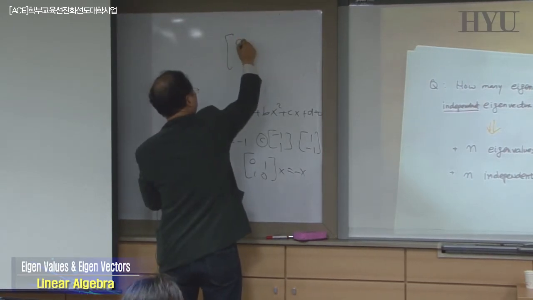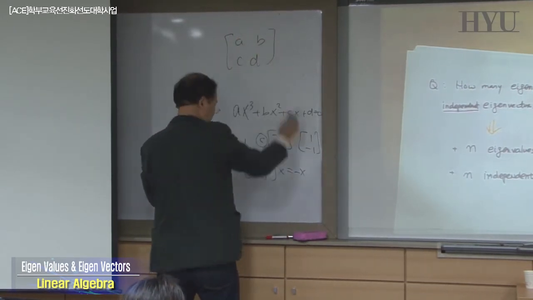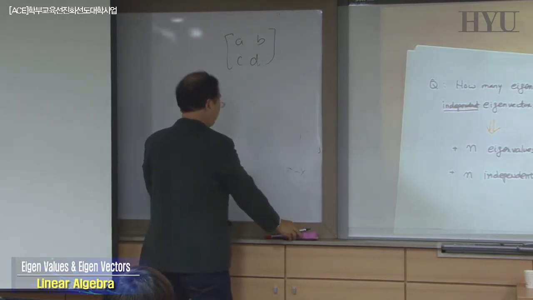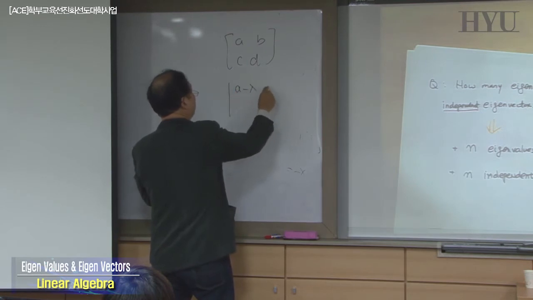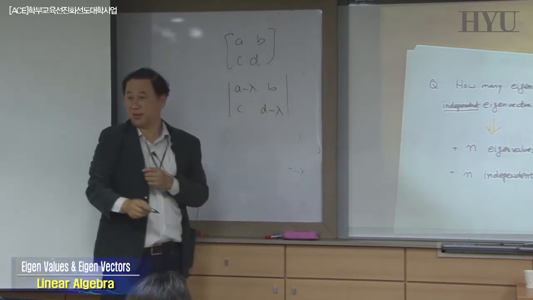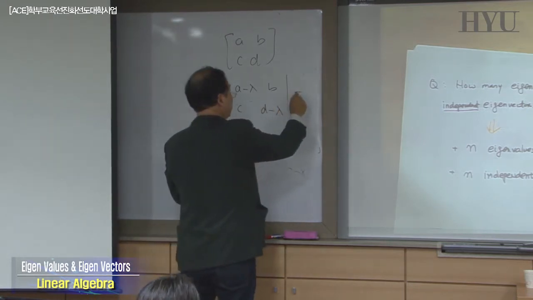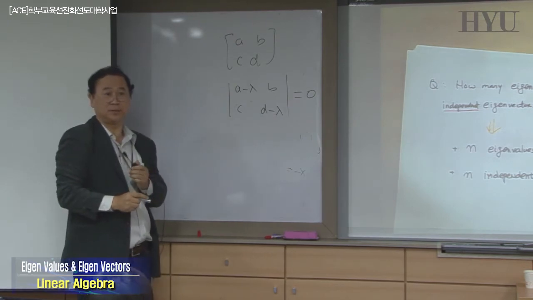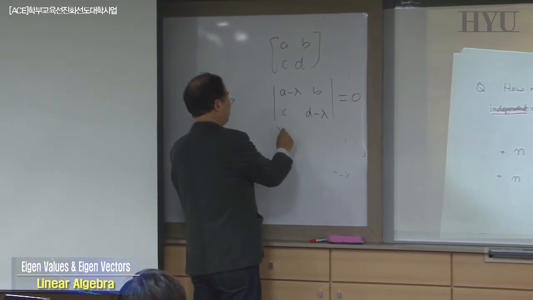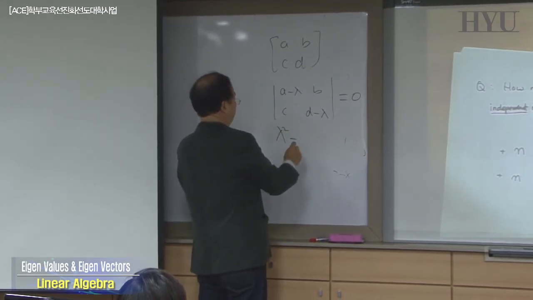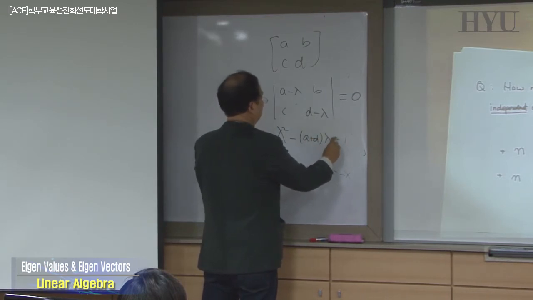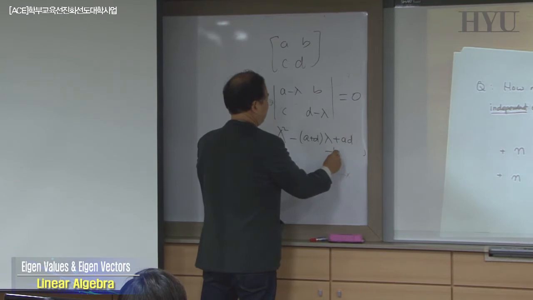Because for a second order equation, let's say we have A, B, C, D. Then based on that, I'm going to compute lambda. It means A minus lambda, B, C, D minus lambda, right? This is a second order equation. Then I say this is 0, right? What's this? This is lambda squared minus (A plus D) lambda plus AD minus BC, right?